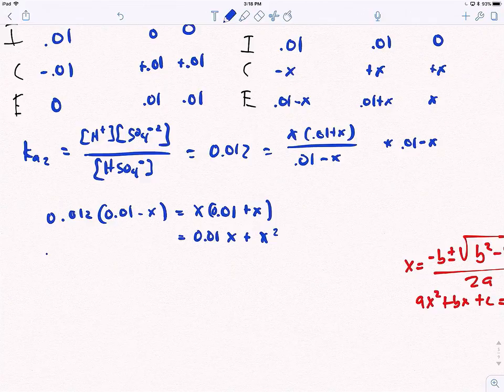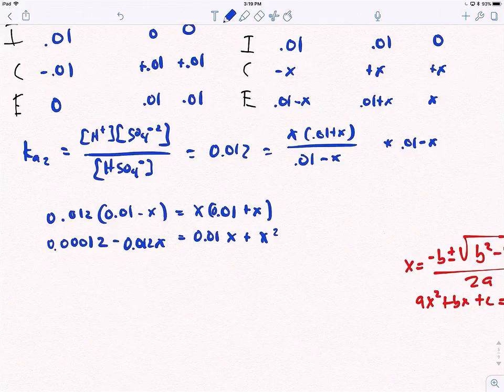Then 0.00012 minus 0.012x. Sorry, let me make this prettier. So now we have to get all of them on one side.